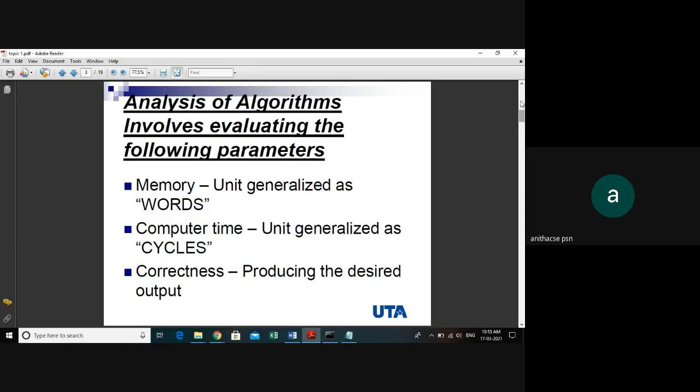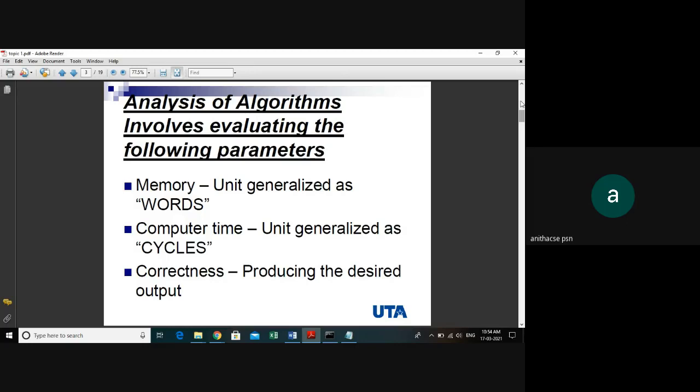For that analysis, we have a number of basic properties to analyze the particular algorithm for the corresponding problem. The parameters used to analyze the algorithm are memory unit and computer time.